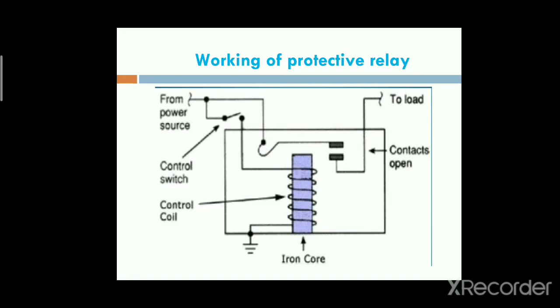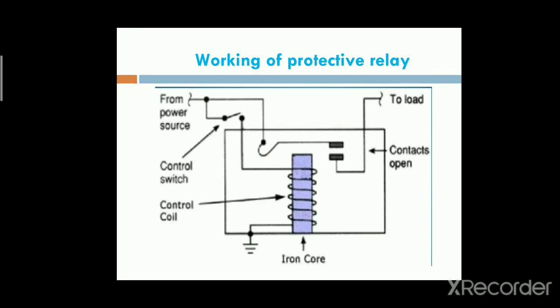For every type and location of failure there is some distinctive difference in these quantities, and various types of protective relays are available, each designed to recognize a particular difference and operate in response.